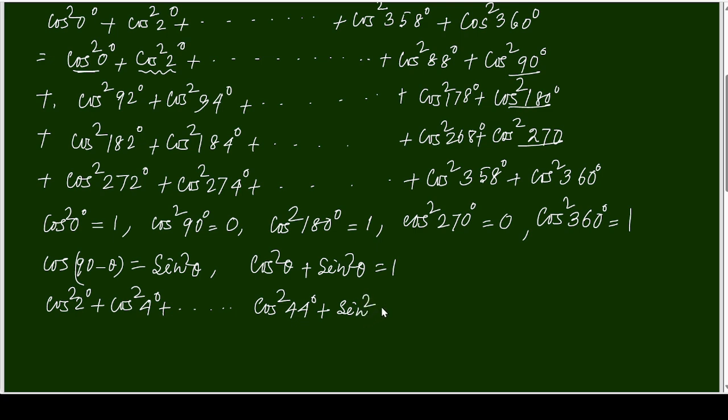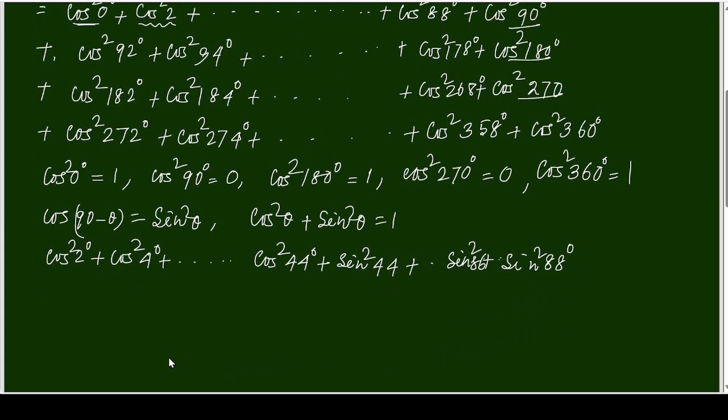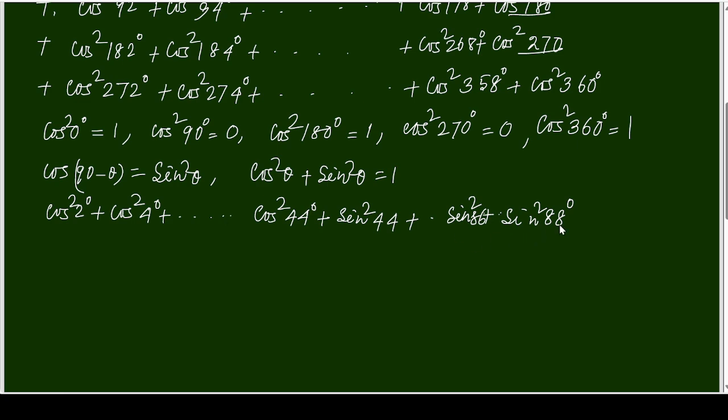So it will be sine square 44, and the last but one will be sine square 86. Last is sine square 88. So if you see that cos square 2 and sine square 88 make 1. Here these two make 1, and so on.